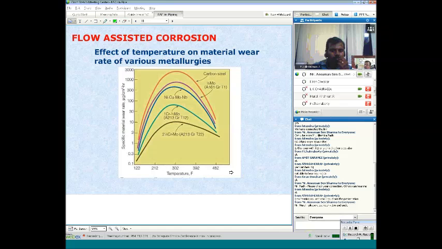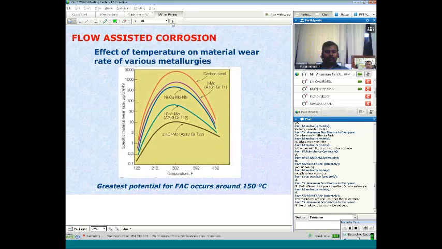The x-axis is the temperature, of course, in Fahrenheit. So, this is the location where FAC is maximum, right? Now, in terms of degrees centigrade, this is somewhere around 150 degrees. So, FAC is not a high temperature problem, right?